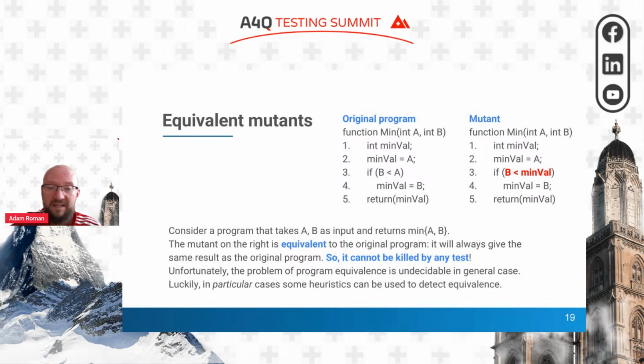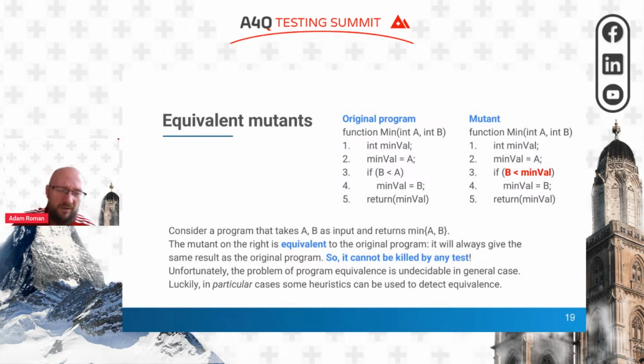So min val and a are the same variable, and changing it in line 3 doesn't change anything. For all inputs, both the original program and the mutant will return the same value. Such a situation is called an equivalent mutant. Equivalent mutants cannot be killed because they are by definition equivalent to the original program.